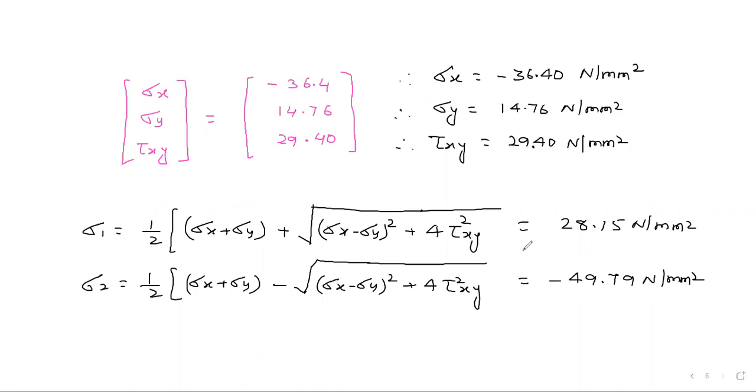Now what do we need? We need theta p, right? One more thing that is required is the principal angle theta p. What is the formula for theta p? That is half tan inverse of 2 tau xy upon sigma x minus sigma y.